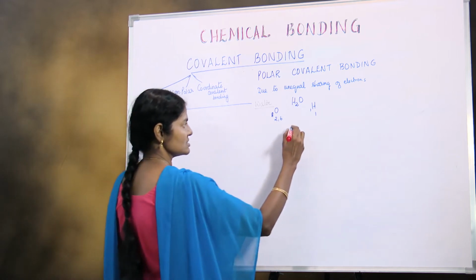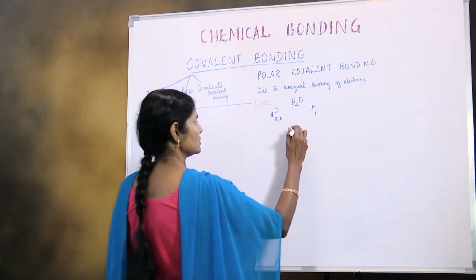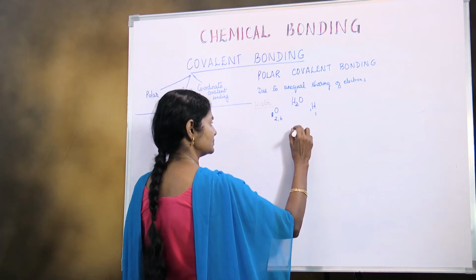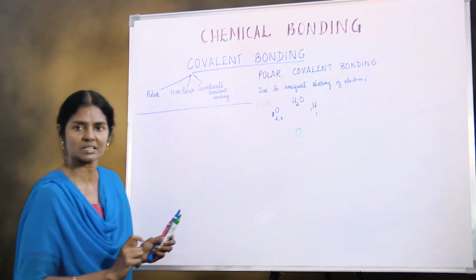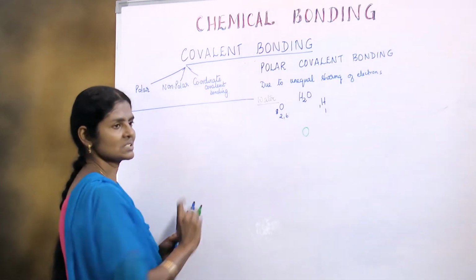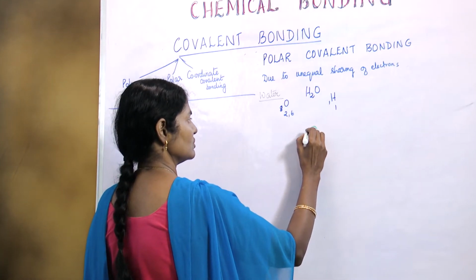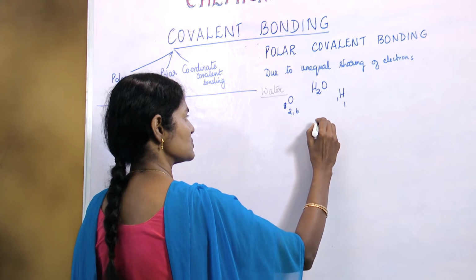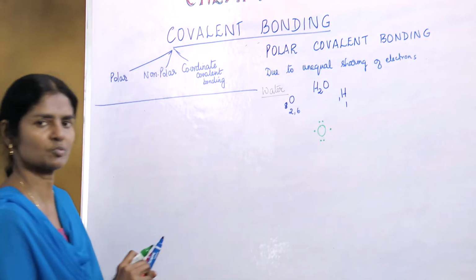How do we write this? Let us take oxygen, we write it in the center. How many electrons does it have? 6 electrons in the outermost shell. Therefore, 1, 2, and 2 pairs.